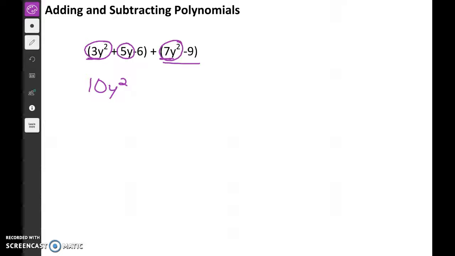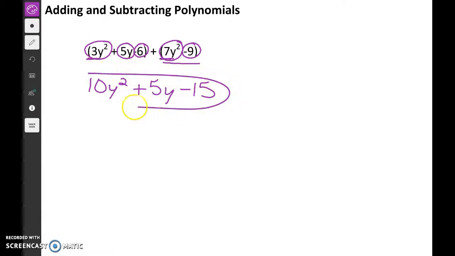No. So since I do not have a 5y, I would just simply write plus 5y. Lastly, I want to add my constants, -6 and -9. Notice, neither one of these have y's. So -6 plus -9 would give me an answer of -15. At this point, I would be finished with my problem.